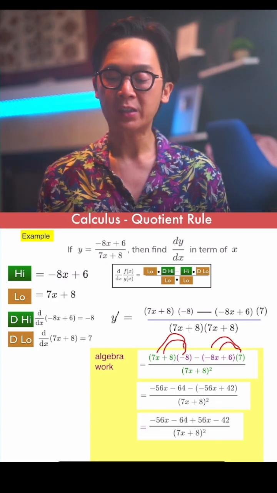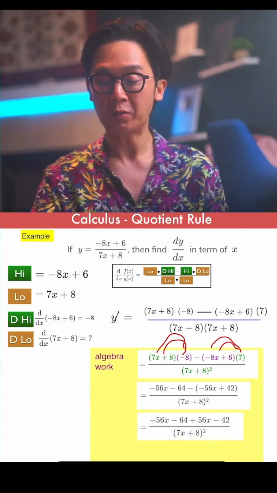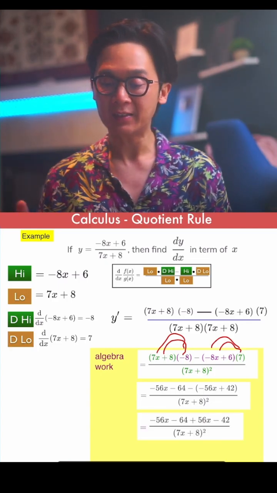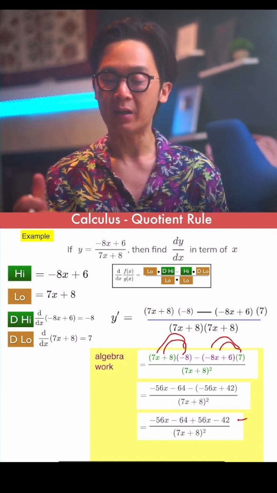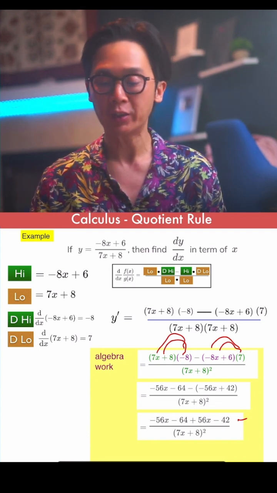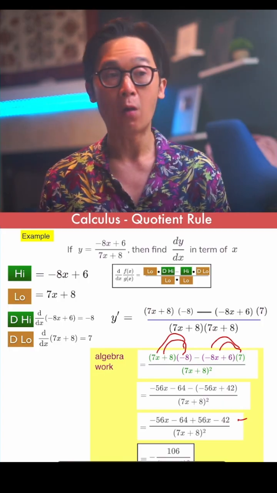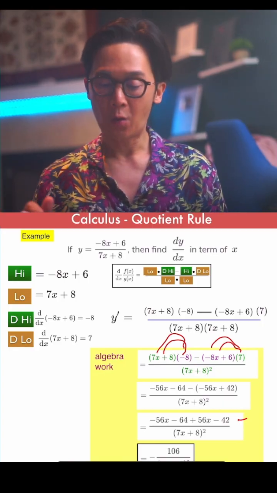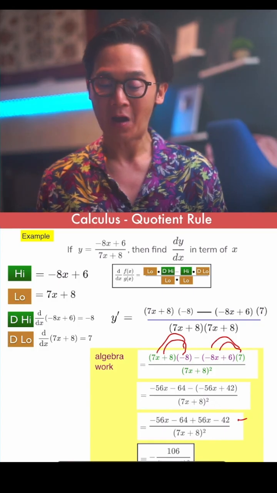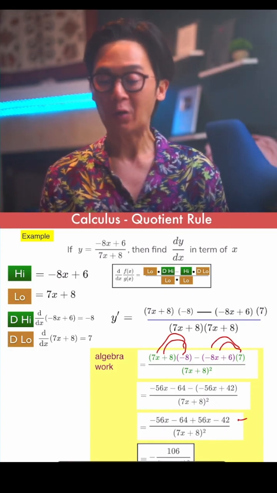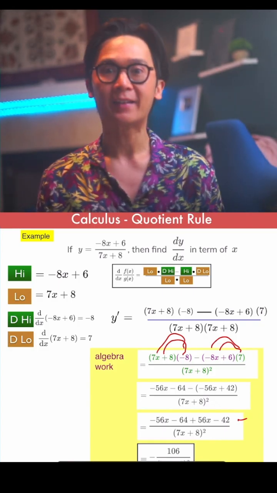By further simplifying our numerator, we'll have this as our numerator, which is now a little simpler than before. For our final answer, we'll have negative 106 all over 7x plus 8 squared.